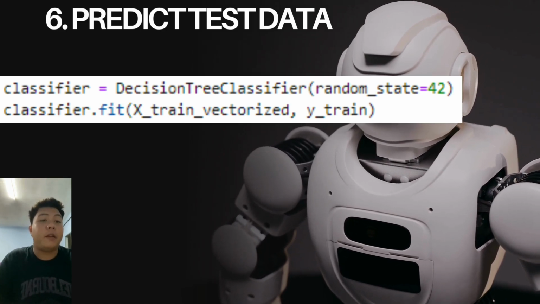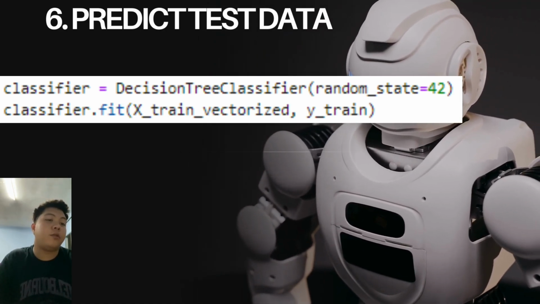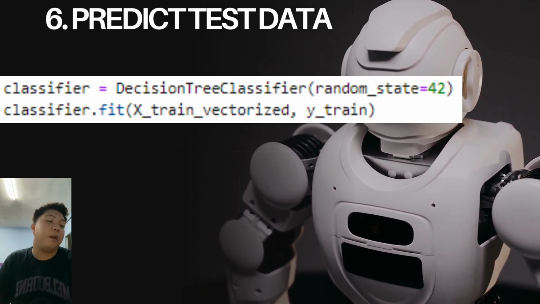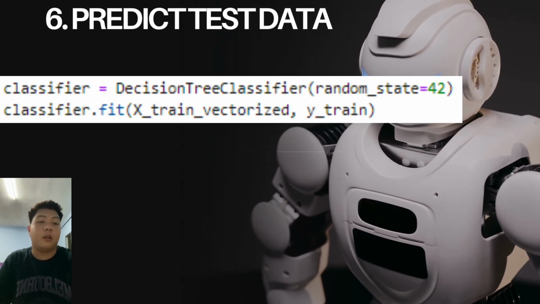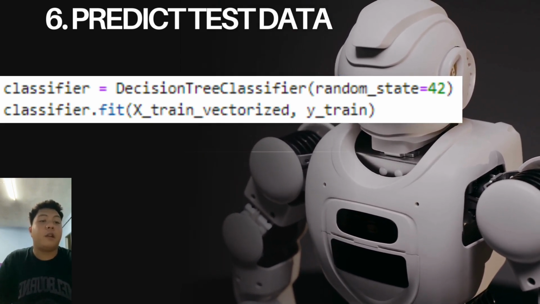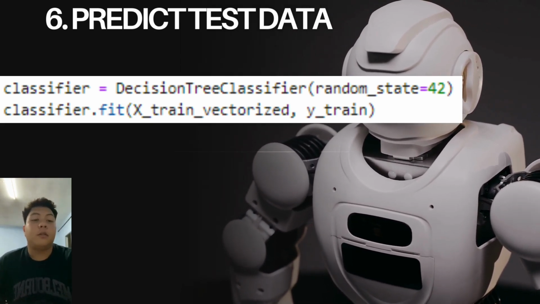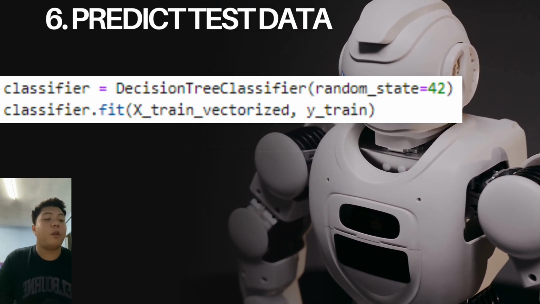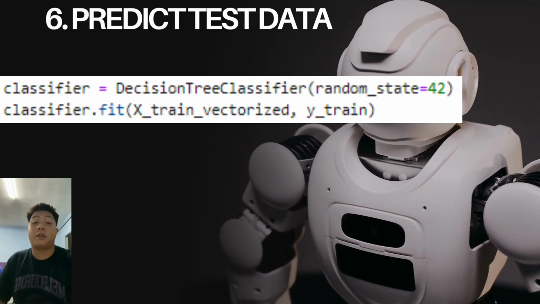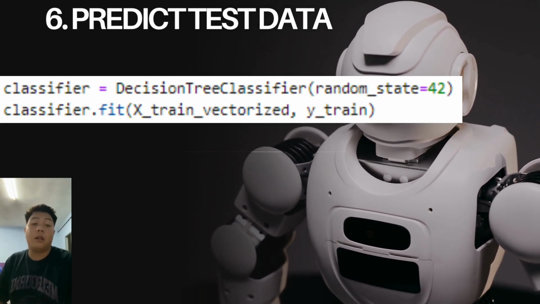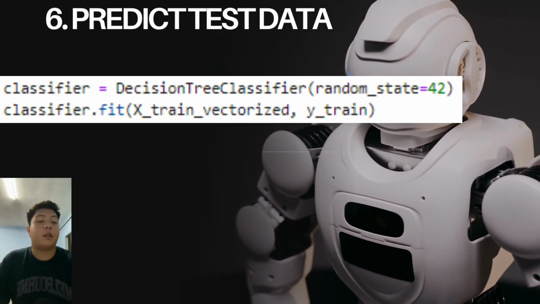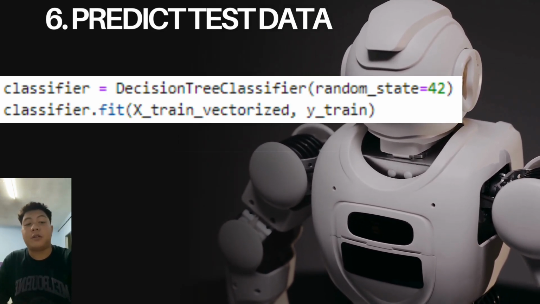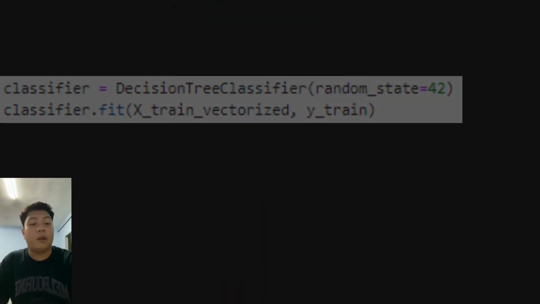Once you have y_pred, you can use various evaluation metrics to assess the performance of the classifier, such as accuracy, precision, recall, and F1 score. This code calculates accuracy and generates a classification report which provides detailed metrics such as precision, recall, and F1 score for each class in the classification task. Adjust the evaluation metrics as needed based on the requirements of the project.